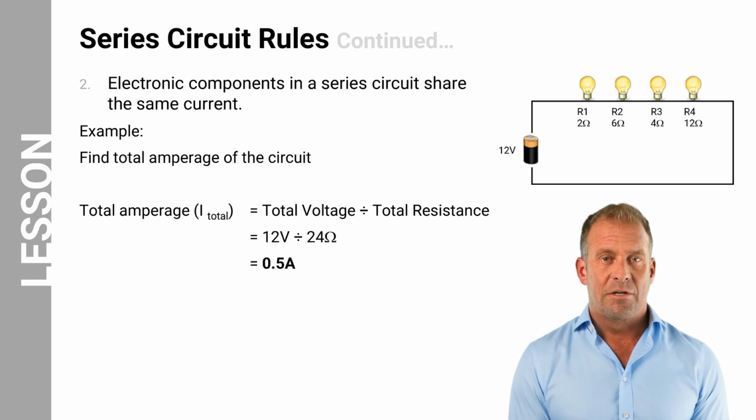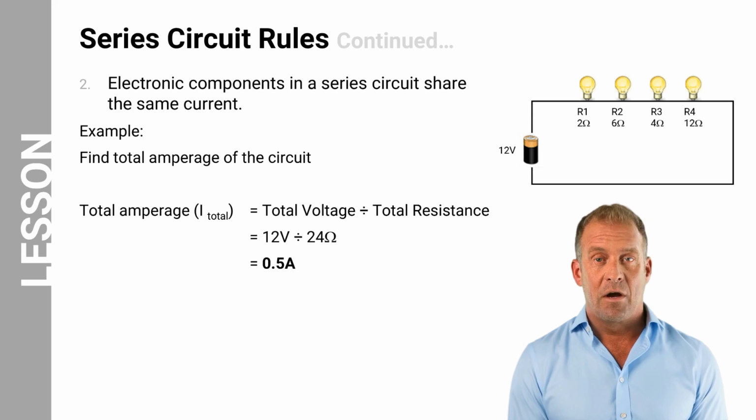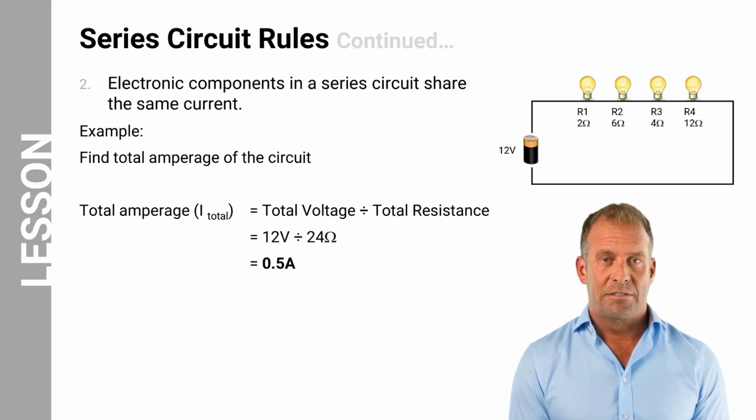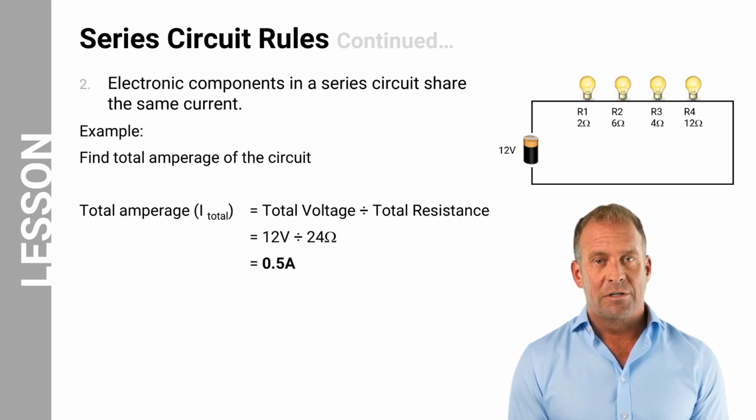Another key rule of series circuits is that all electronic components in the circuit share the same current. This means that the current flowing through each component is identical, regardless of the component's individual resistance. To demonstrate this principle, let's consider the same example of the previous slide, where we need to find the total amperage of a circuit. Given a total voltage of 12 volts and a total resistance of 24 ohms, which we calculated before, we can determine the total current using Ohm's law.